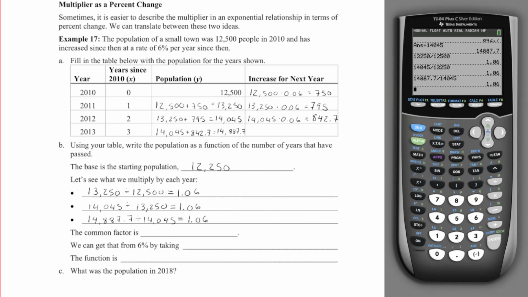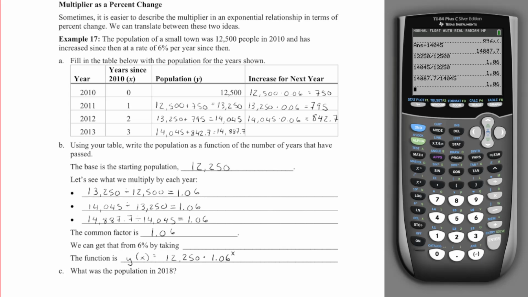Because what we see is that we actually have a common factor here. It's 1.06. And so our population as a function of the years since 2010, y of x, is 12,500 times 1.06 to the x.